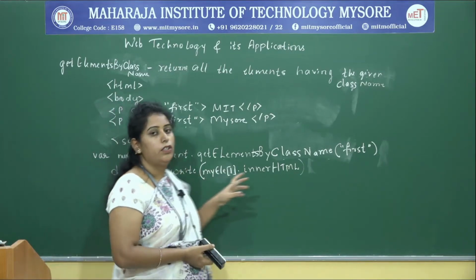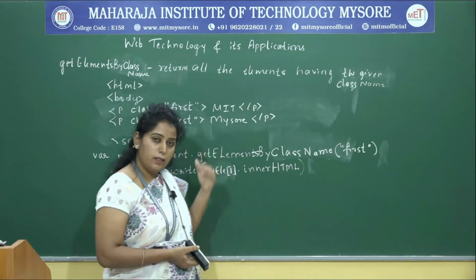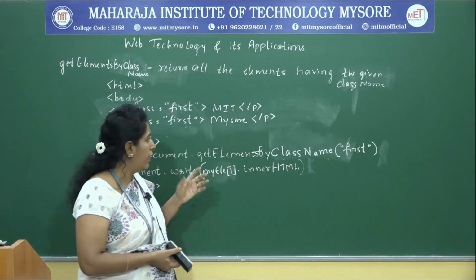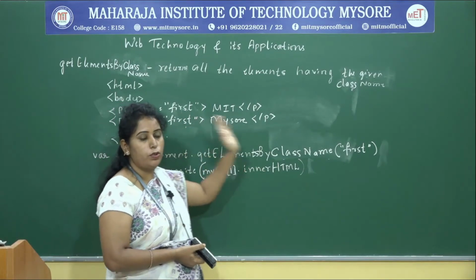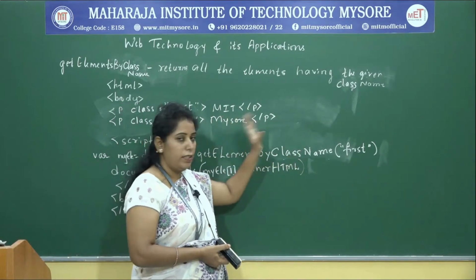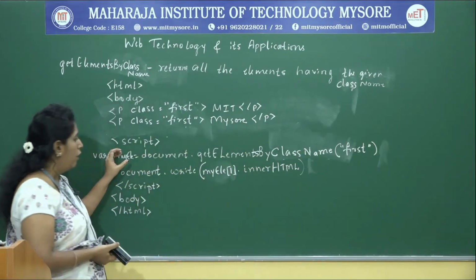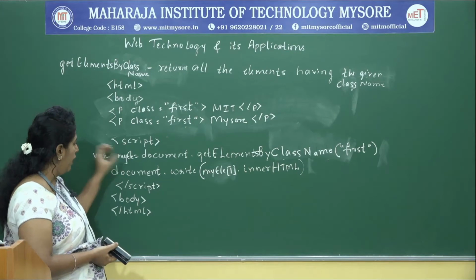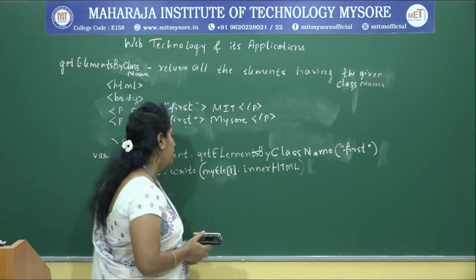There is more than one class with the same class name. In that case, the contents differ, is it right? So it will be stored inside an array with a respective index. In that way only it is going to be accessed. Finally, the contents are copied to my variable and printed.